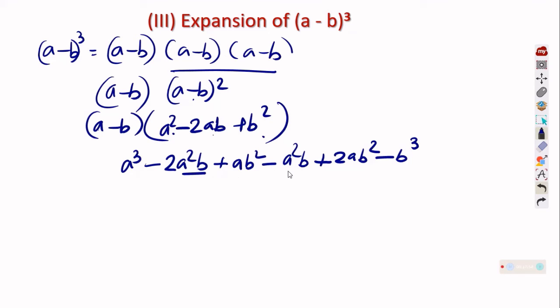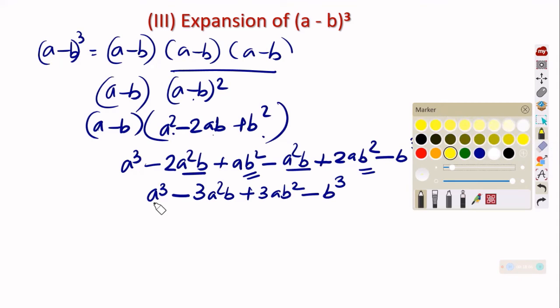a²b, a²b, ab², ab². So we can see, write that a cube minus 3a²b, correct, plus 3ab² minus b cube. ये हमारा हो गया नेक्स्ट एक्सपेंशन.